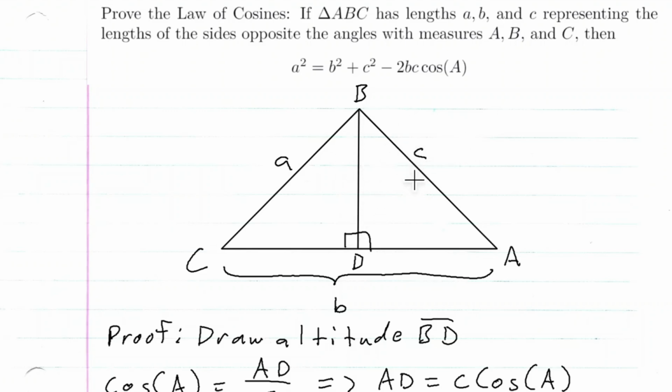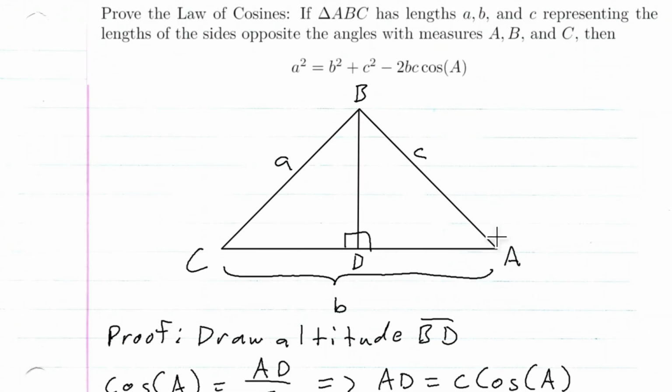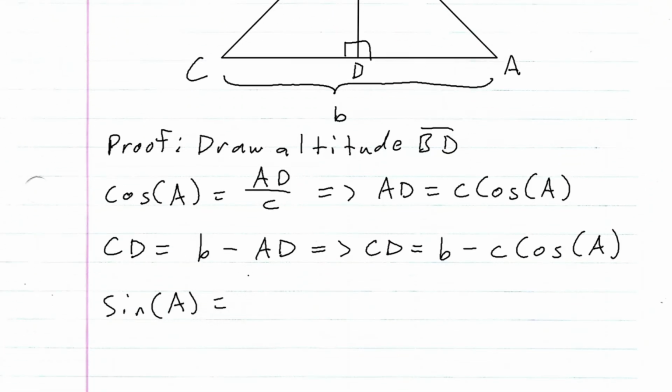I know sine of A is equal to opposite, which is BD, over hypotenuse, which is c. So BD over c. And of course, I want to solve for BD, so this implies that BD is equal to c sine of A.